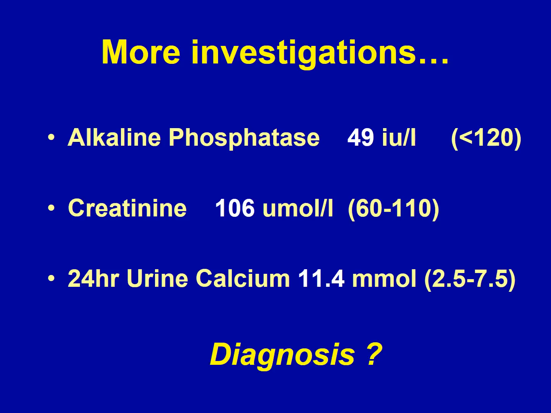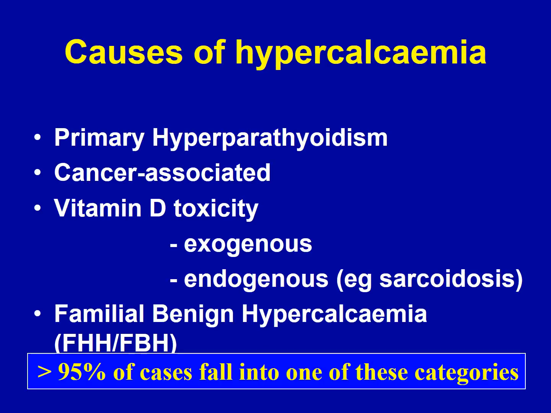And as we talked about in the first lecture, in the setting where serum calcium is found to be abnormal, the next test to perform should be a parathyroid hormone level. Just to review the causes of hypercalcemia, they can be divided, as you recall, into parathyroid hormone dependent causes, of which primary hyperparathyroidism is far and away the most common, and the other one is familial hypocalciuric hypercalcemia, or familial benign hypercalcemia.